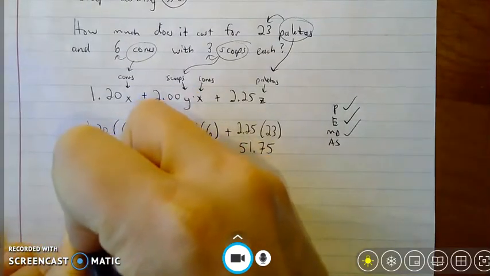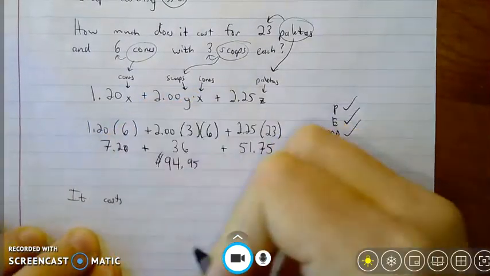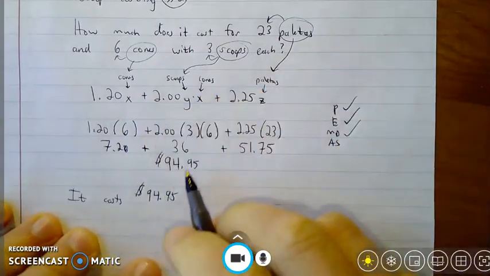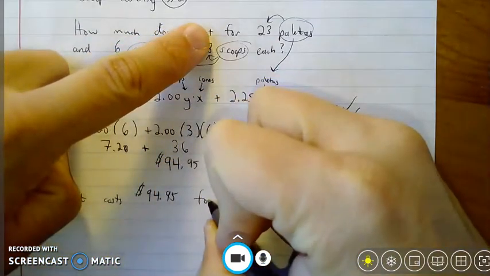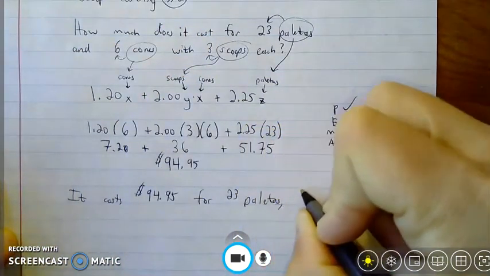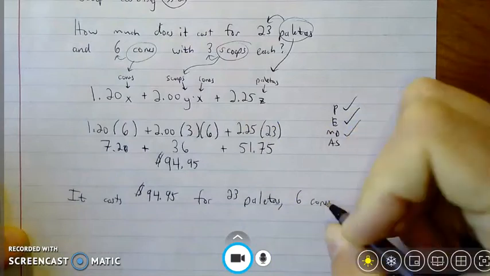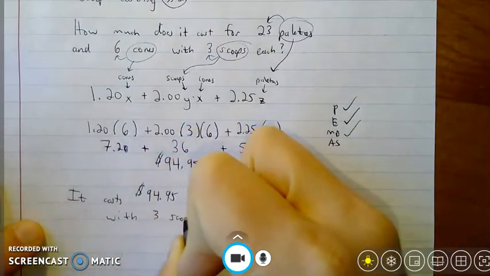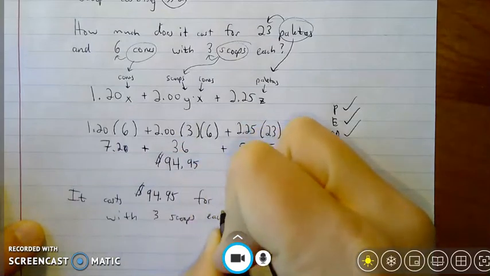So it costs $94.95 for 23 paletas, 6 cones with 3 scoops each.